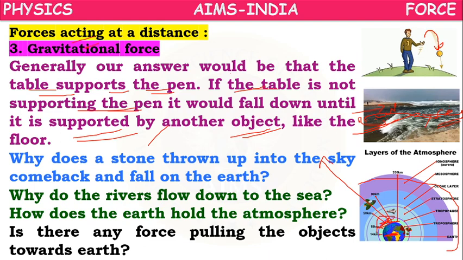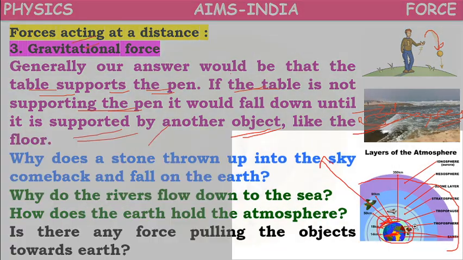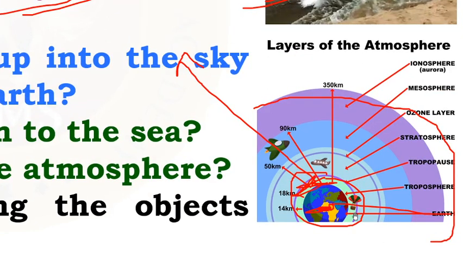Or above the earth, we have so many layers of atmosphere. Suppose this is the earth. Above the earth, we have the troposphere, tropopause, stratosphere, ozone layer, mesosphere, and ionosphere. Like that, we have so many layers of atmosphere on the earth.